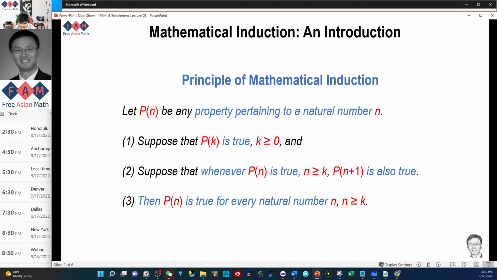Read this statement very slowly and carefully. Suppose that whenever, every word in this statement is critical, okay?